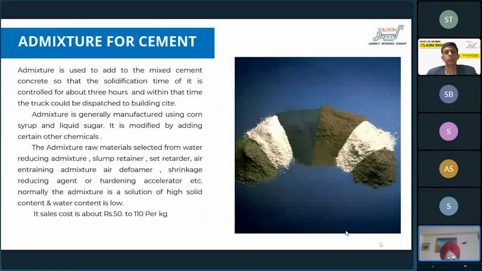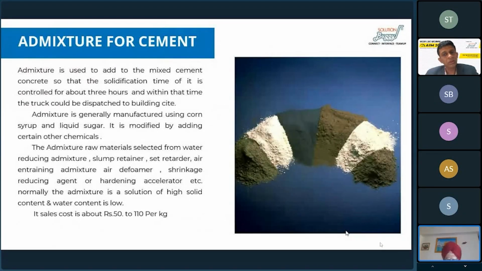So accordingly this is added, and this can be prepared on a small scale or depending upon the quantity being produced. And the end customer for this is mainly the RMC, ready mix concrete manufacturer.